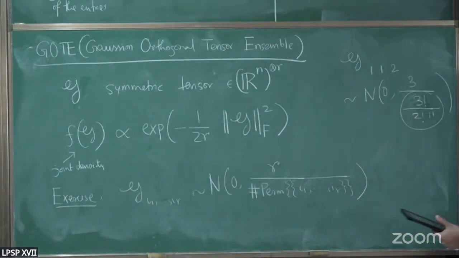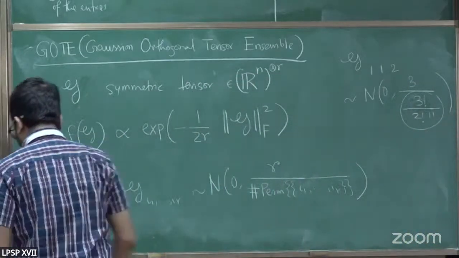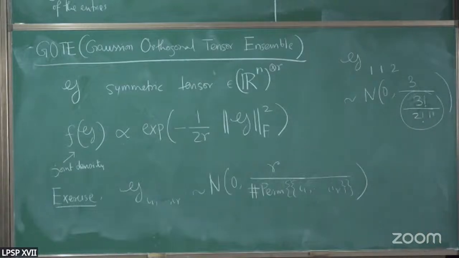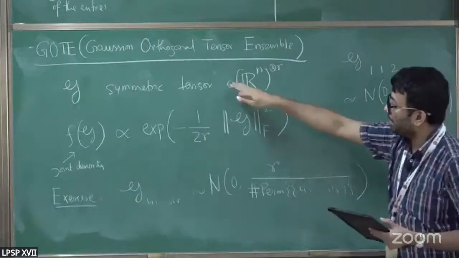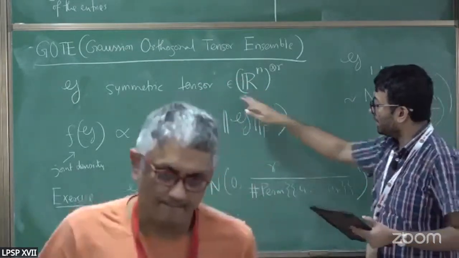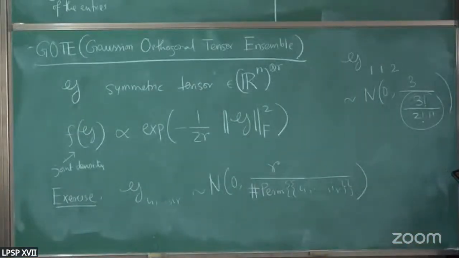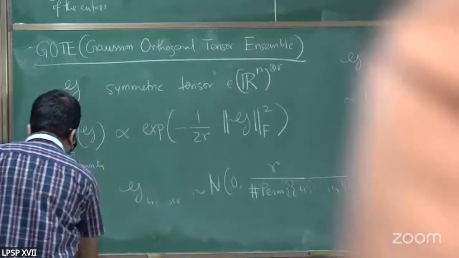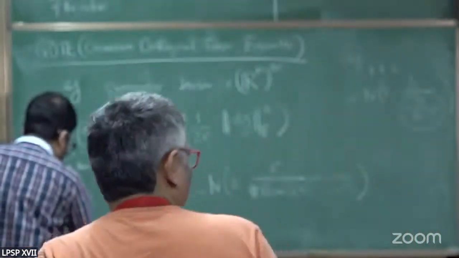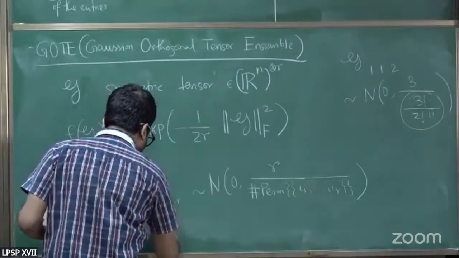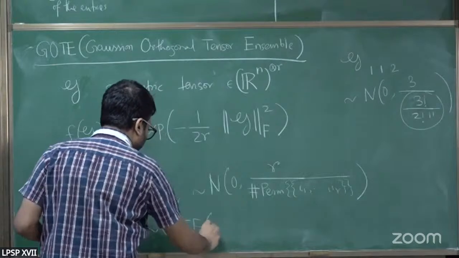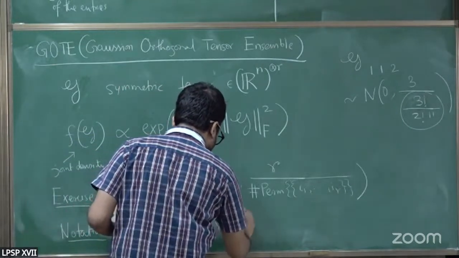So last time I advertised this result for the contractions of Gaussian tensors. This is actually for this ensemble of tensors. Take G from this GOTE. We'll say that such a tensor follows GOTE with parameters R and N. Okay.